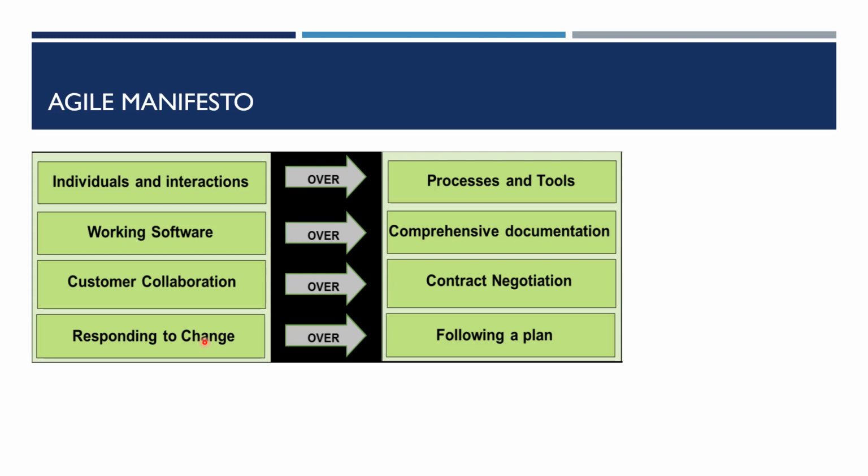And then we keep planning as we learn, and we respond to the changes in the requirements, the changes in the market, the changes in the ecosystem of the customer's environment. So this is the Agile Manifesto. These core four values are what the Agile Manifesto is.